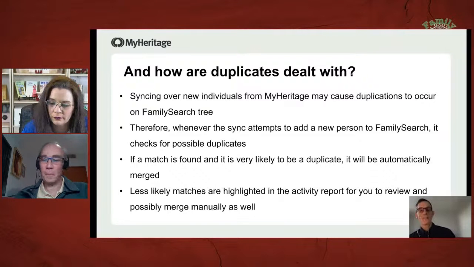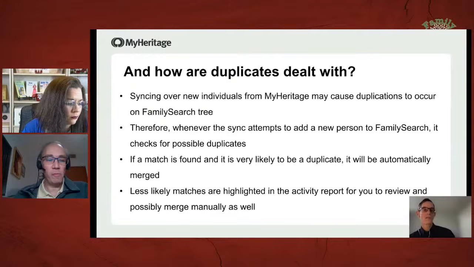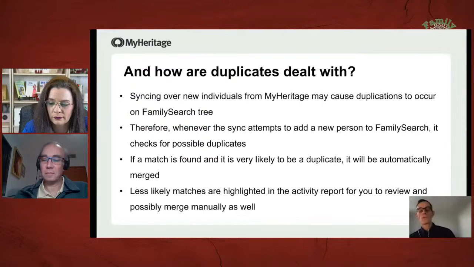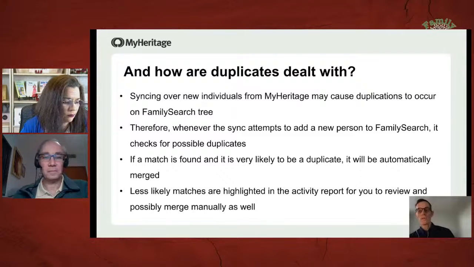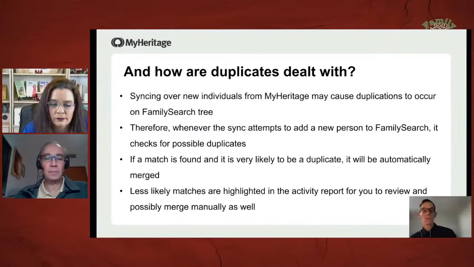The same thing happens with the sync. Imagine that you do research on MyHeritage, and the research adds more relatives to the tree, more parents, children, spouses, and so on. Then when you do the sync, it will attempt to add those people to FamilySearch. But because FamilySearch tries to avoid duplication, we do the same.